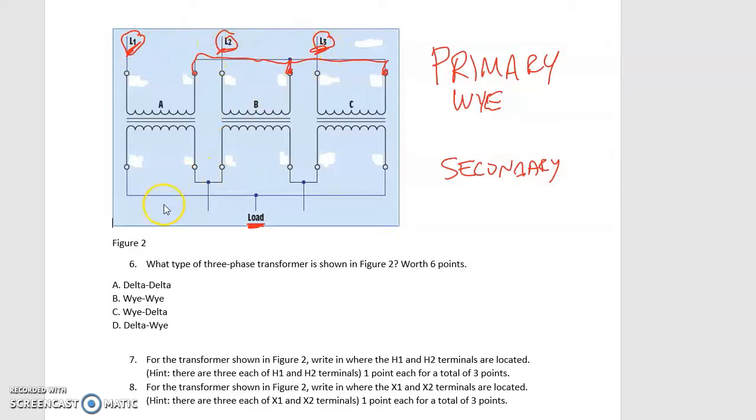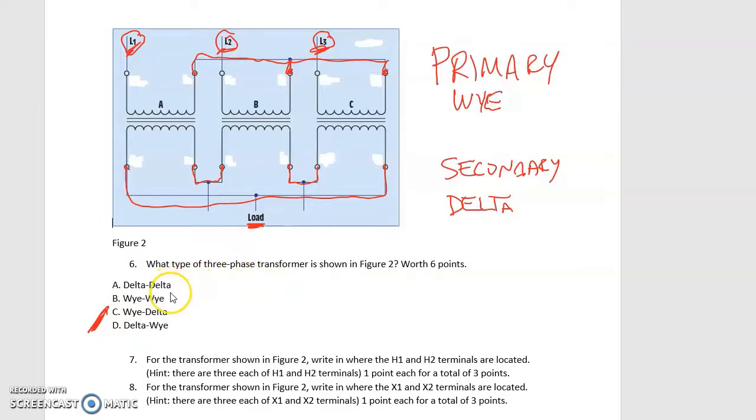That's a Y connection. On the bottom, on the secondary, we see that one end of one coil is tied to one end of the next coil, and so on down the line. So they're kind of daisy chained together, so to speak. And we learned that type of connection is a delta. So the answer to number 6 is C. It is a Y delta transformer.